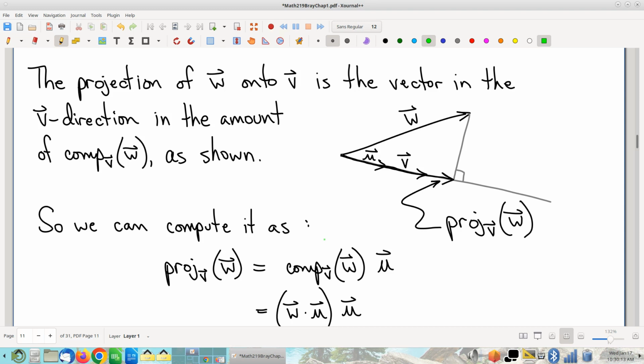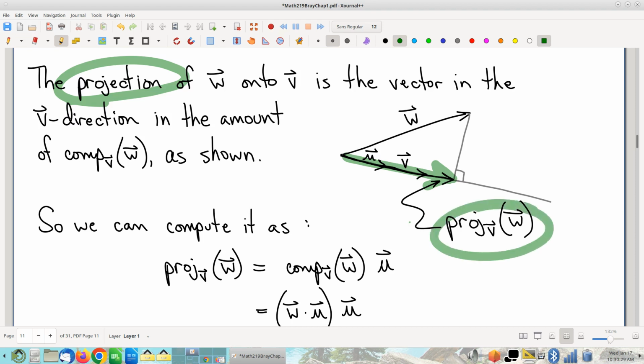In this course, we're going to use the term projection to refer not to the scalar indicating how much W points in a given direction, but to the vector that indicates literally the part of W that points in that direction. So again, big difference: component is a scalar. Projection is a vector.